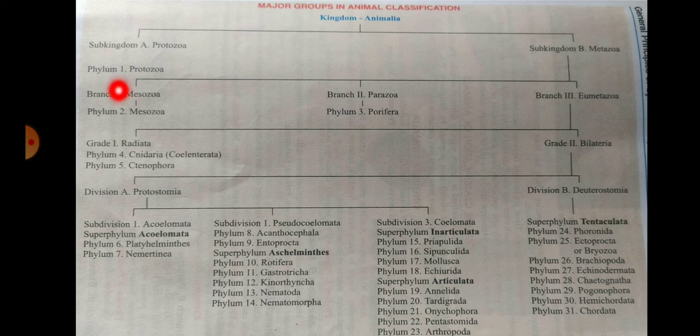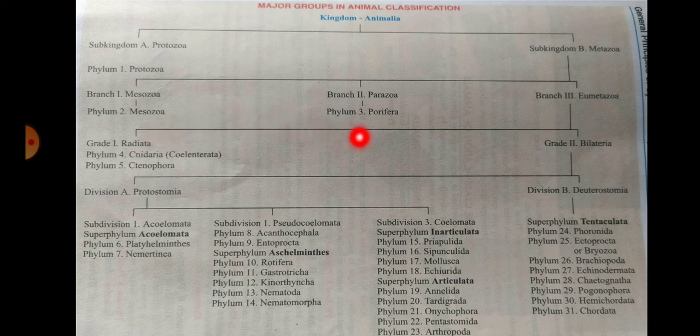Subkingdom Metazoa is divided into three branches of classification: branch first Mesozoa, branch second Parazoa, and branch third Eumetazoa. Branch first, Mesozoa, consists of one phylum, which is known as Mesozoa.